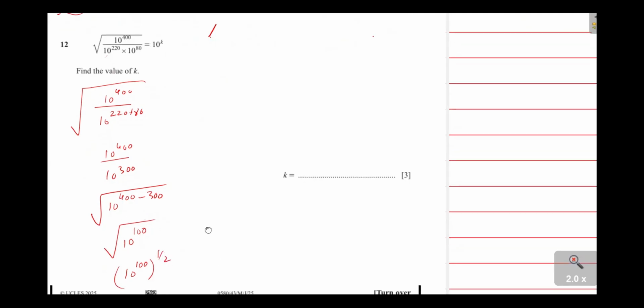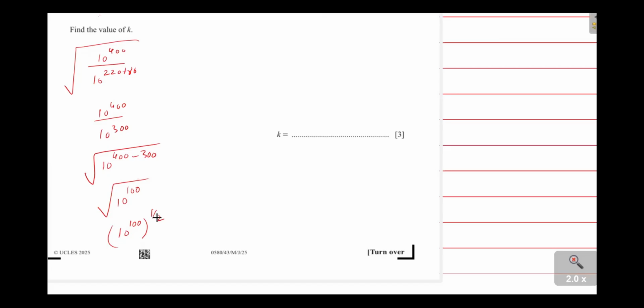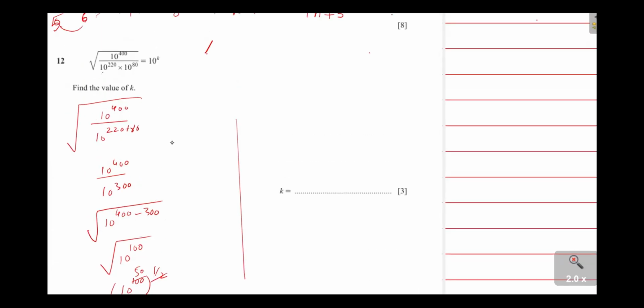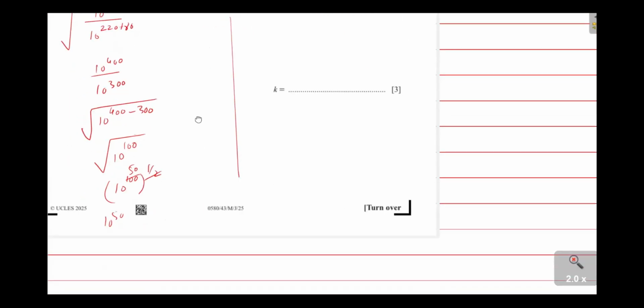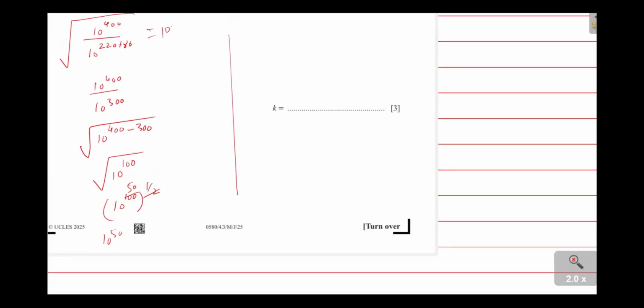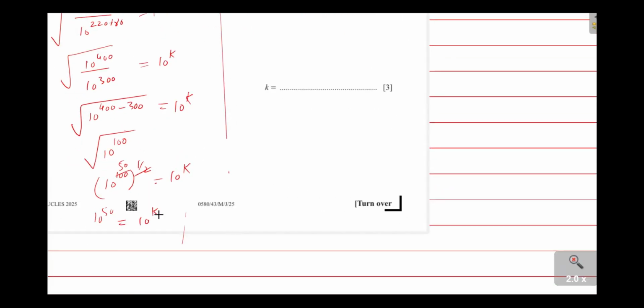And you can write 100 divided by 2, which is equal to 50, and therefore you can write 10 power 50. And the right side value is 10 power k. The base of the left and right sides is the same. Therefore, we equalize the powers. Therefore, k equals 50, and this is the answer.